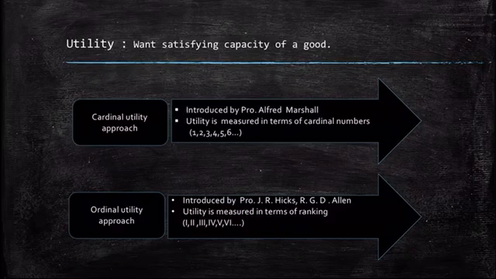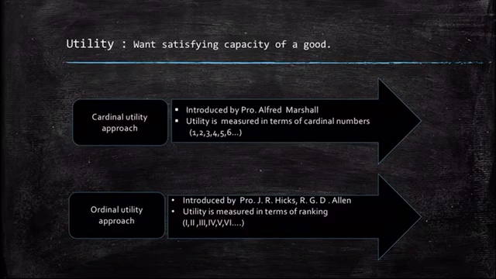Whenever the consumer wants to satisfy his wants, he consumes various goods and services. The reason is these goods and services have a capacity to fulfill the wants and needs of the consumer. So all goods and services have the capacity or power to satisfy human wants.